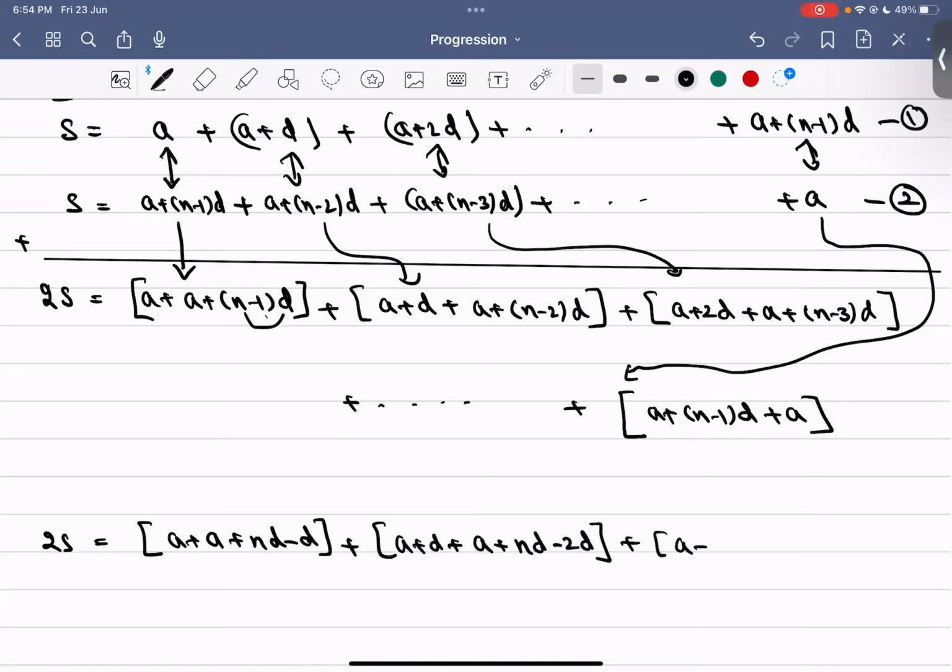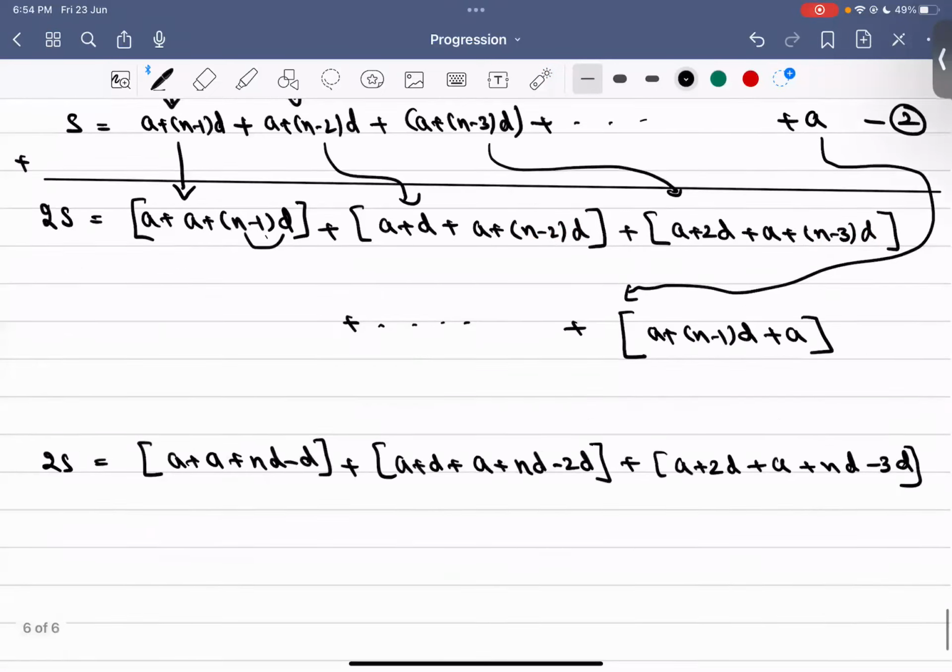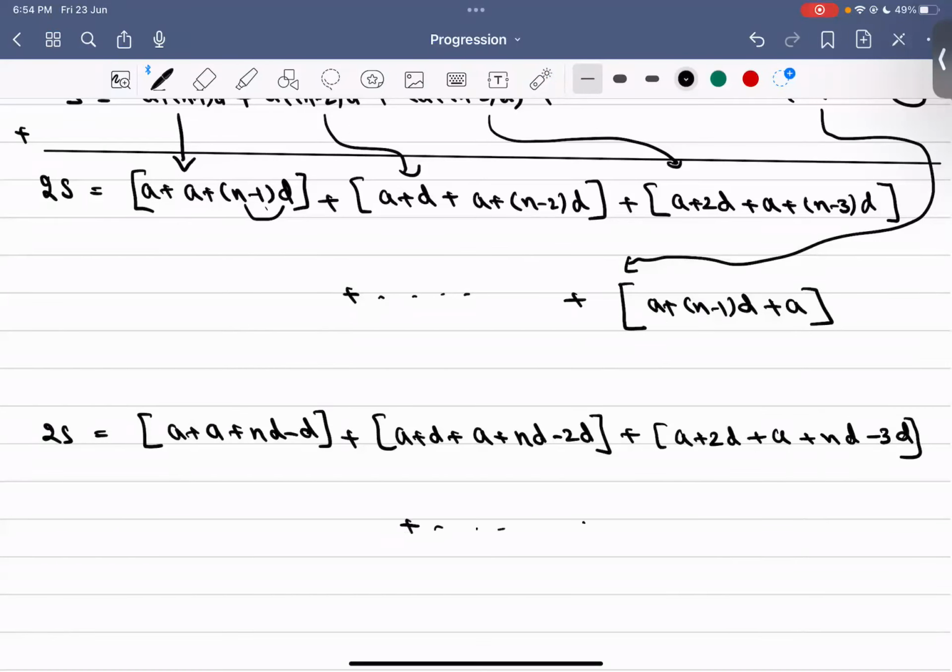Now A plus 2D plus A plus N into D minus 3D. Just I am opening the brackets. Plus etc. The last bracket is A plus N into D minus D plus A.